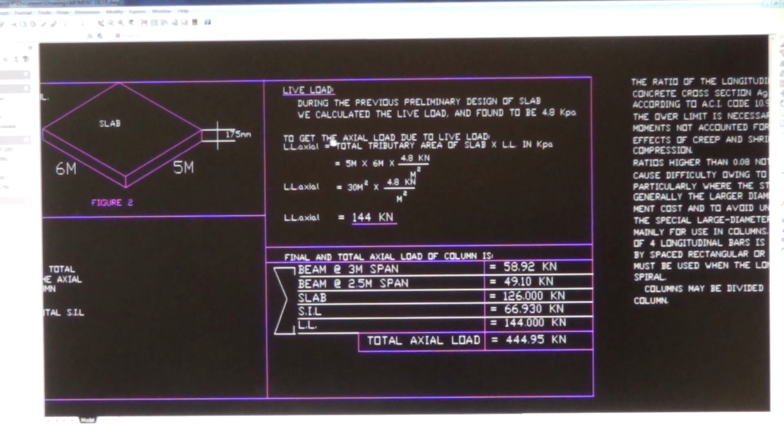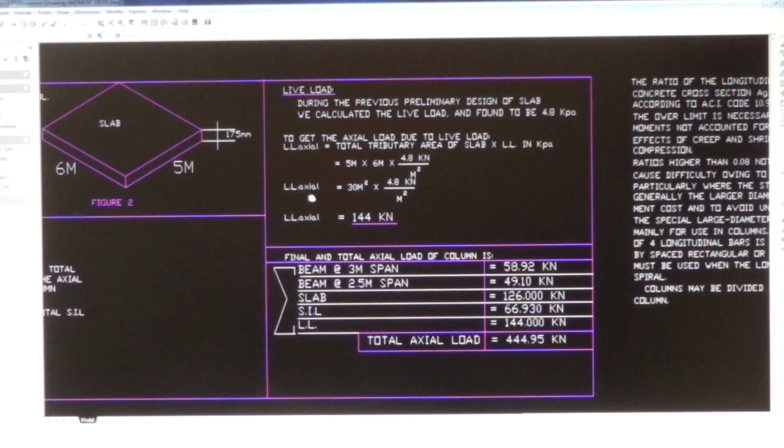Okay, to get the axial load due to live load, live load axial is equal to the total tributary area of slab times the live load in kPa, which is the 4.8 here. So the total tributary area of slab is 5 meter times 6 meter times the live load 4.8 kilonewton per square meter.